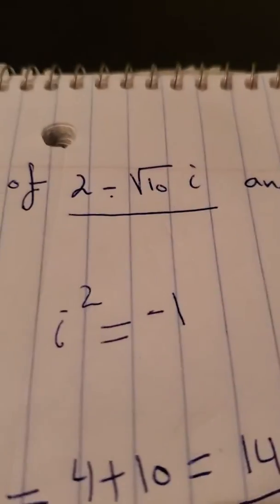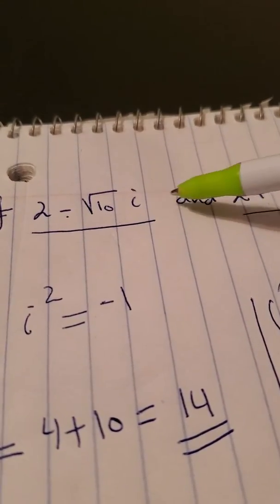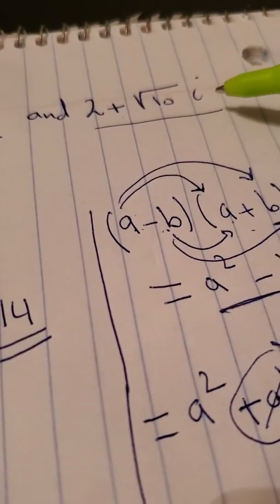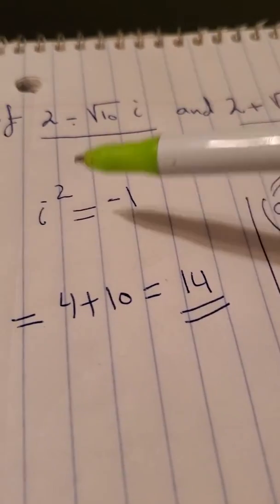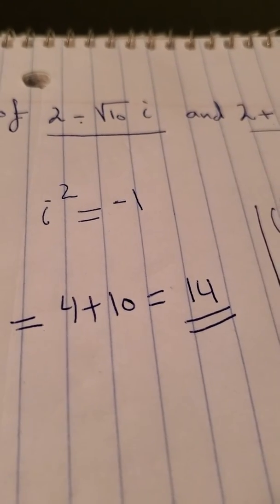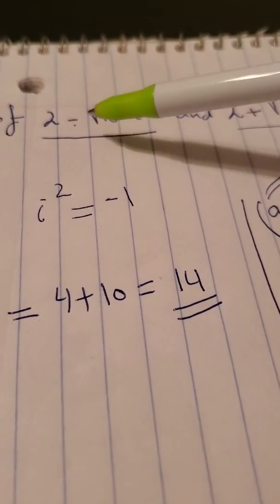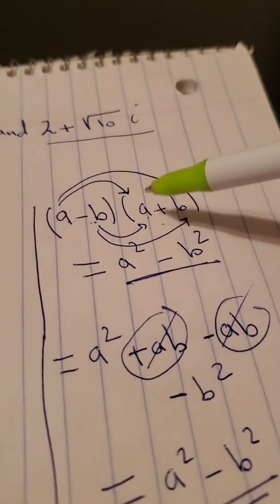So let me just repeat it very fast. This problem is asking me what is the multiplication of 2 minus the square root of 10i and 2 plus the square root of 10i. Just keep in mind, whenever you have two factors that are the same but different just by the sign in the middle, you're going to use this rule, a minus b.